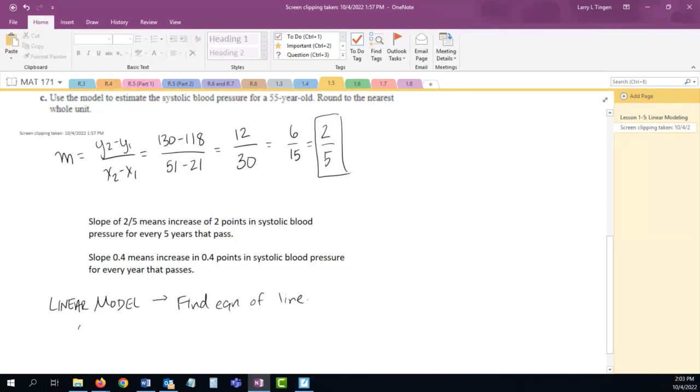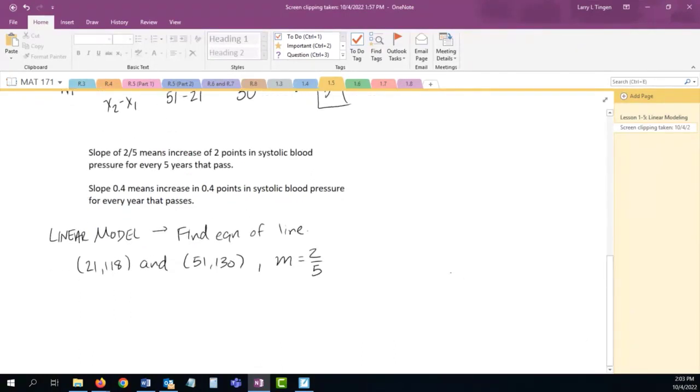Well, they told us that the line passes through the points (21, 118) and (51, 130). And then we found that the slope is 2/5. All right, so I'm going to find the linear equation that passes through these 2 points with the slope of 2/5.